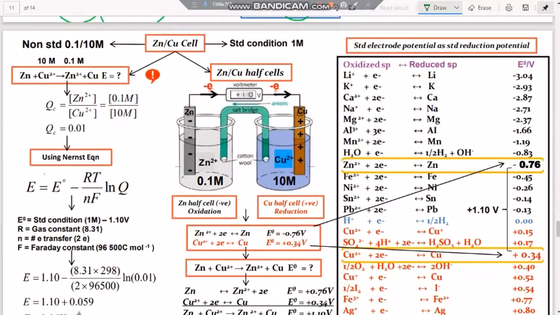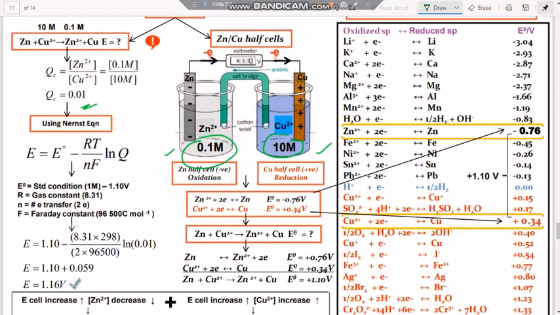Another observation you can see: zinc concentration and copper concentration are both taken differently. The zinc concentration is taken as 0.1 and the copper concentration as 10 molarity. At that time the QC value we got is 0.01. Substituting that QC value in the Nernst equation, we got 1.16 volts.